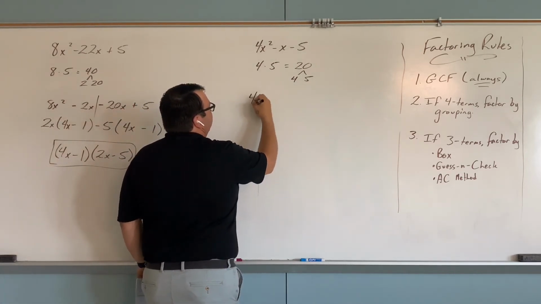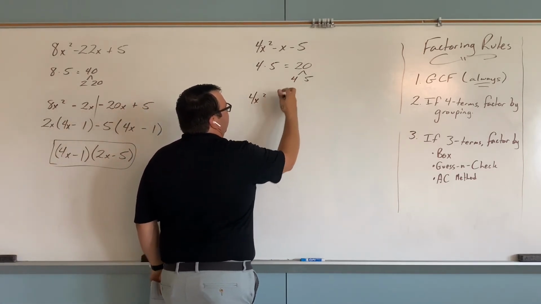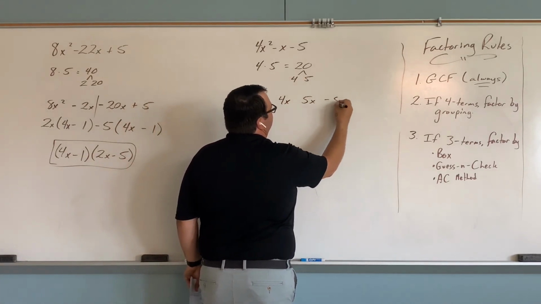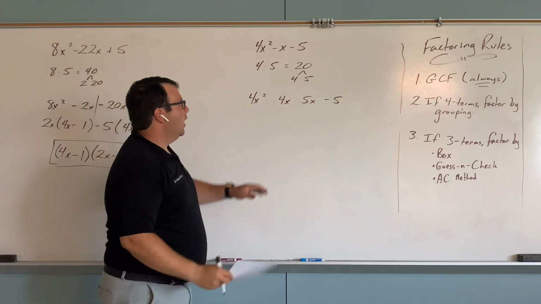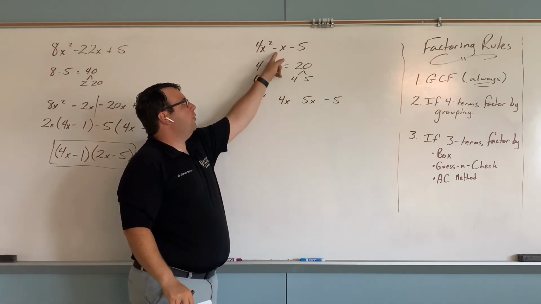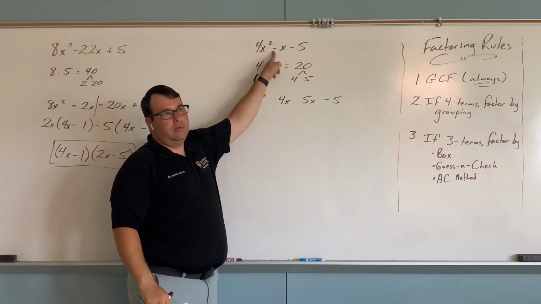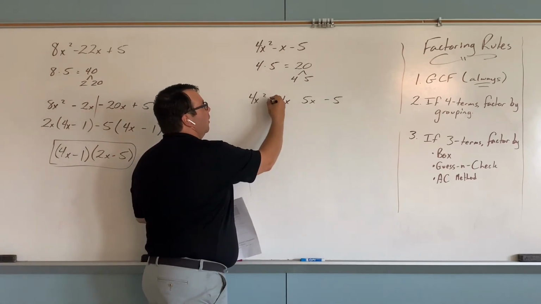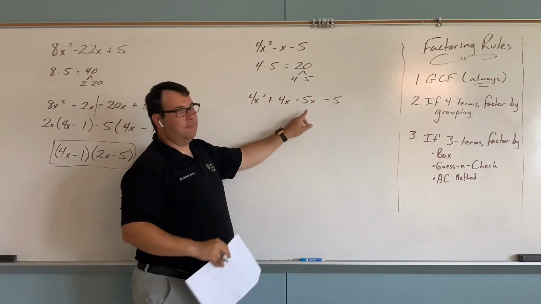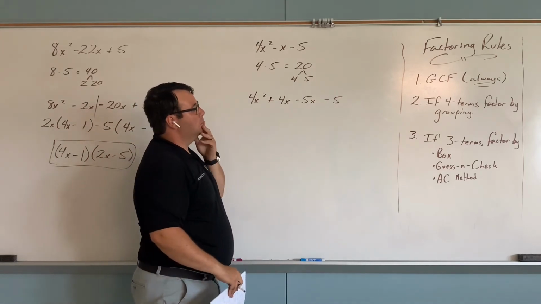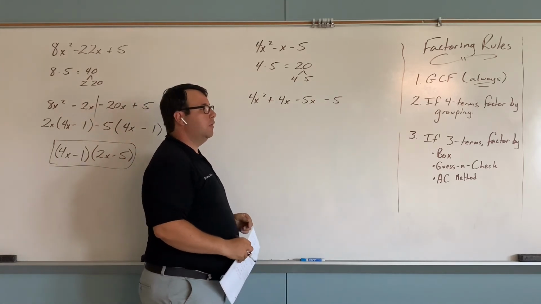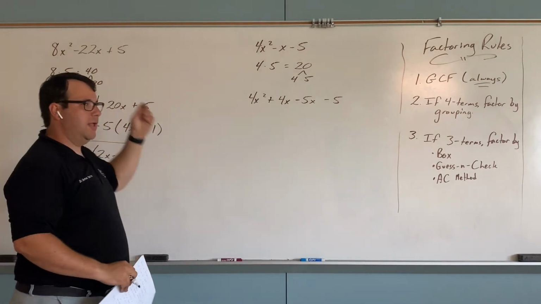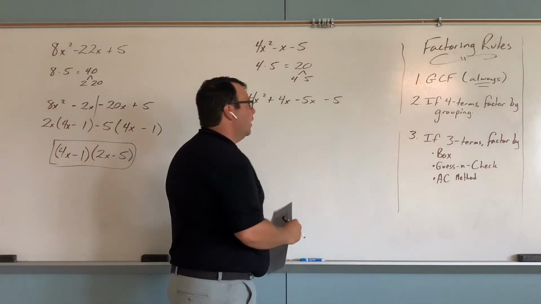So I have 4x squared, 4x, 5x, minus 5. From 4x and 5x, how do I get a negative 1? I have to have a positive 4 and a negative 5. Quite curious. It's a little bit different than what we've seen so far, where the signs matched up and you could easily see those numbers very quickly.